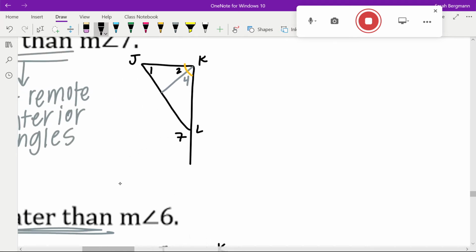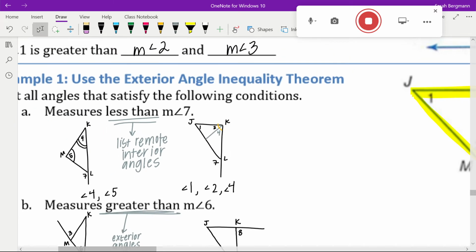Therefore, angle 1 must have a measure less than angle 7, and also angle 2 and 4 individually have to have a measure less than angle 7. So putting all these together, I know that angle 1, angle 2, angle 4, and angle 5 all have measures less than the measure of angle 7.